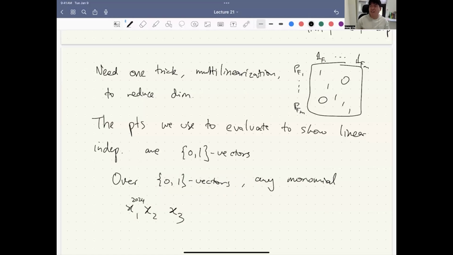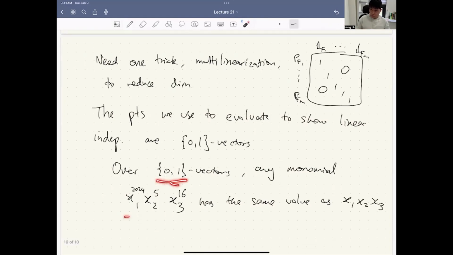Any monomial like this has the same value as if you just made the power be 1, since you just plug in 0, 1. So it's the same if you just smear the power off.